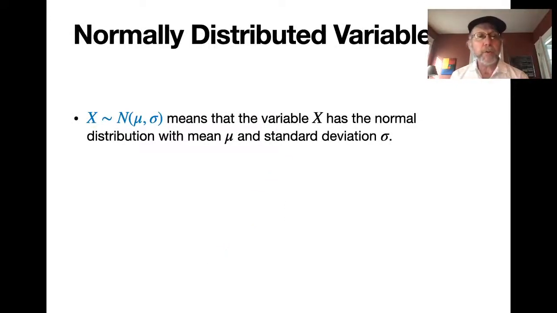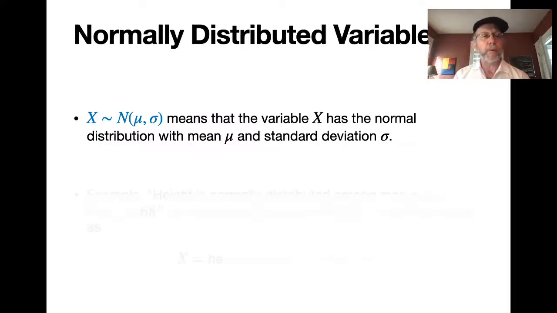There's a special notation as well for statistical variables that have a normal distribution. And there you see it in blue. X is distributed normally with mean mu and standard deviation sigma is just represented by that x squiggle N(mu, sigma) symbol.